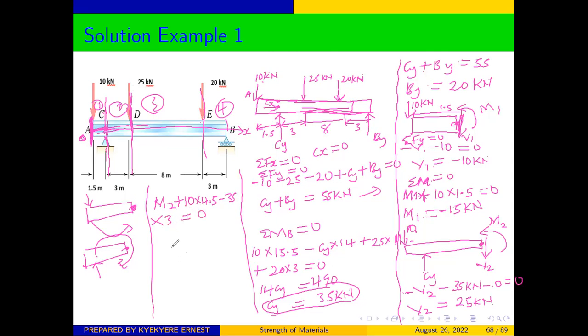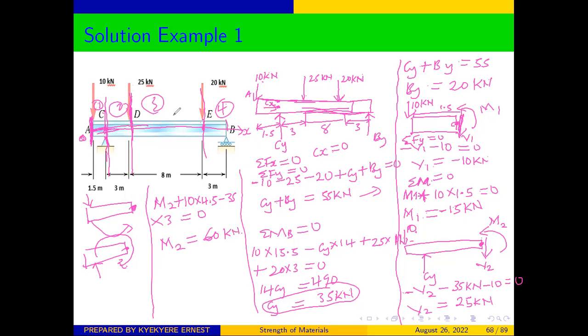And when you do the math from there, M2 will be equal to 60 kilonewtons.